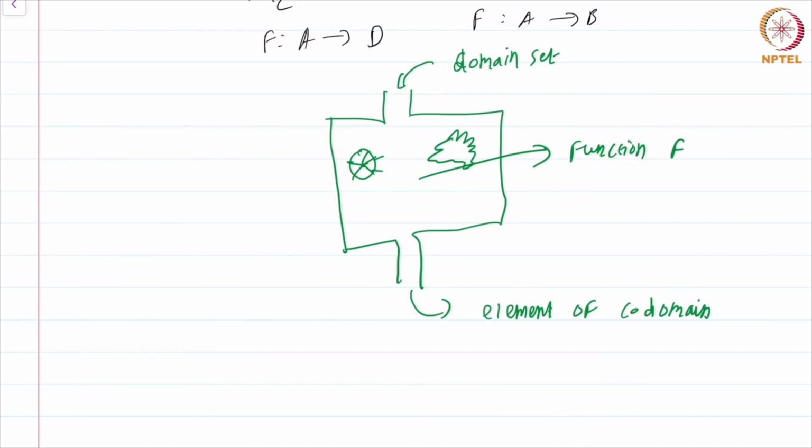So a function technically has three parts. There is this machine, there is this domain set, and there is this codomain set. You have to specify all three to specify a function fully. But again, abuse of notation, more often than not, we will just treat the function as this middle part, which is this apparatus.